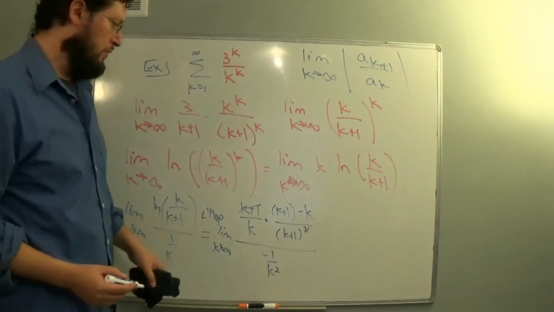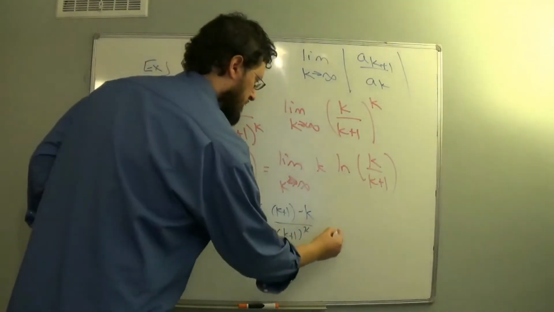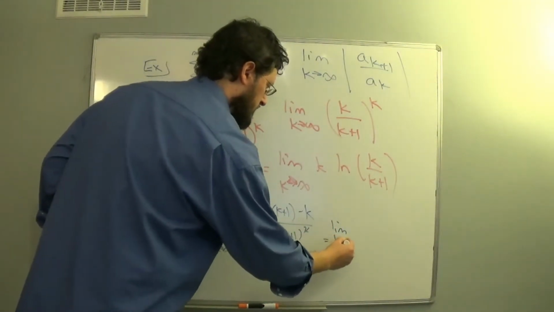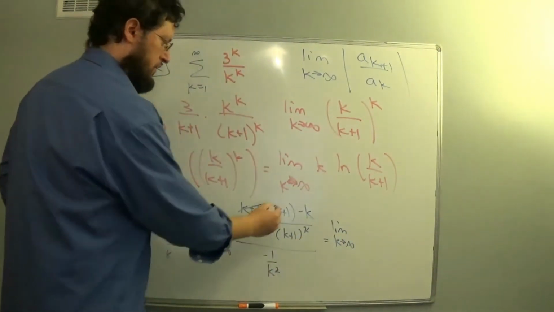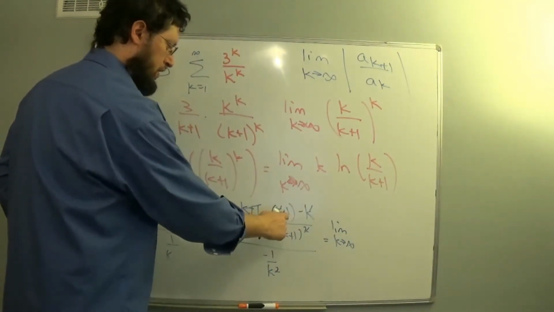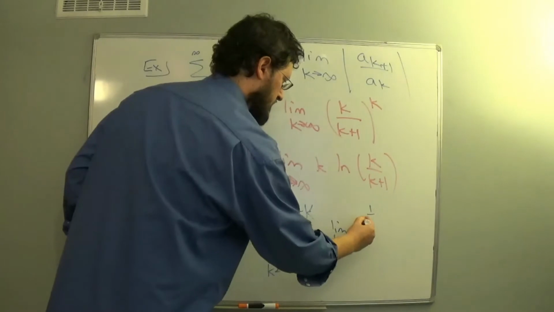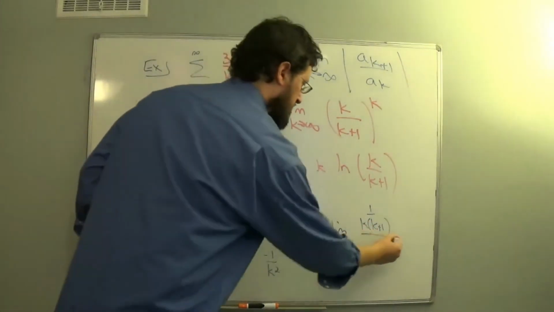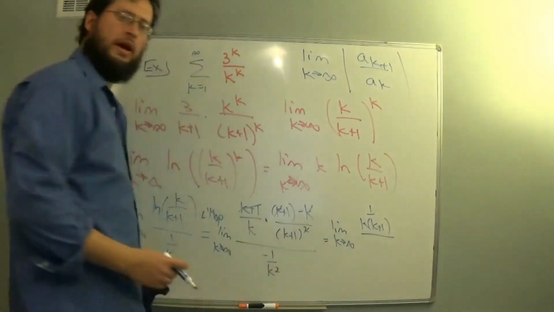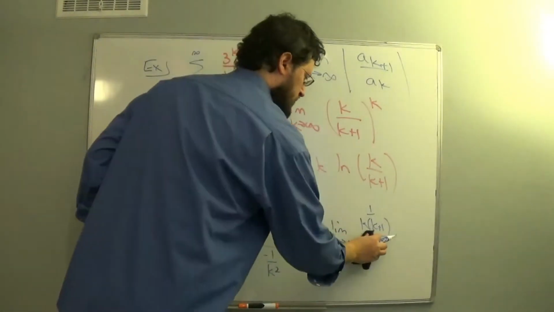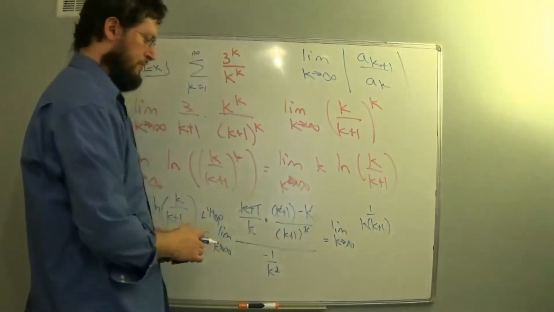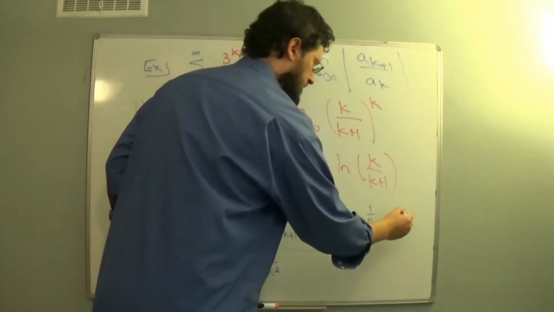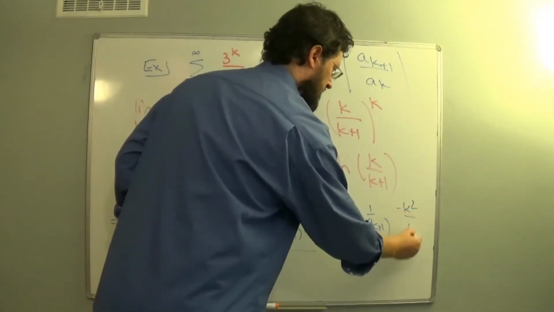The k cancels, so I get 1 over k times k plus 1 over negative 1 over k squared. But let's put that up top by multiplying by the reciprocal, so that's times negative k squared over 1.